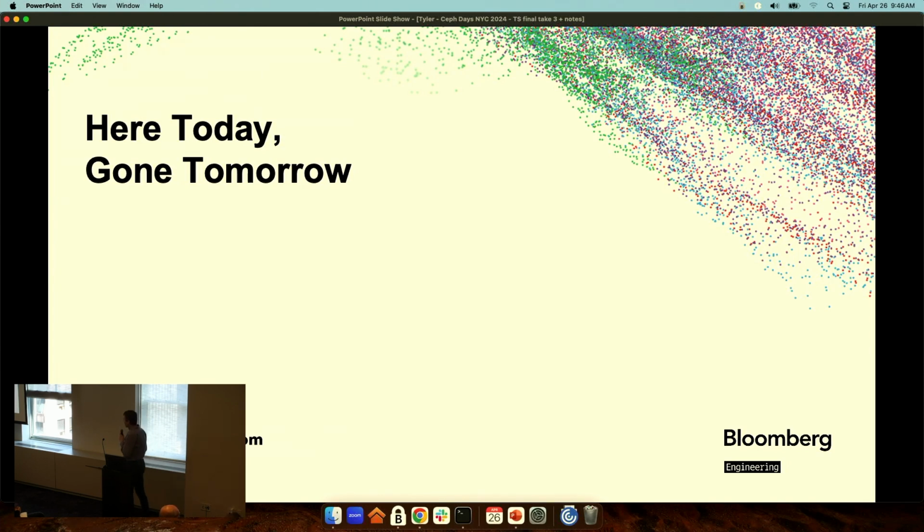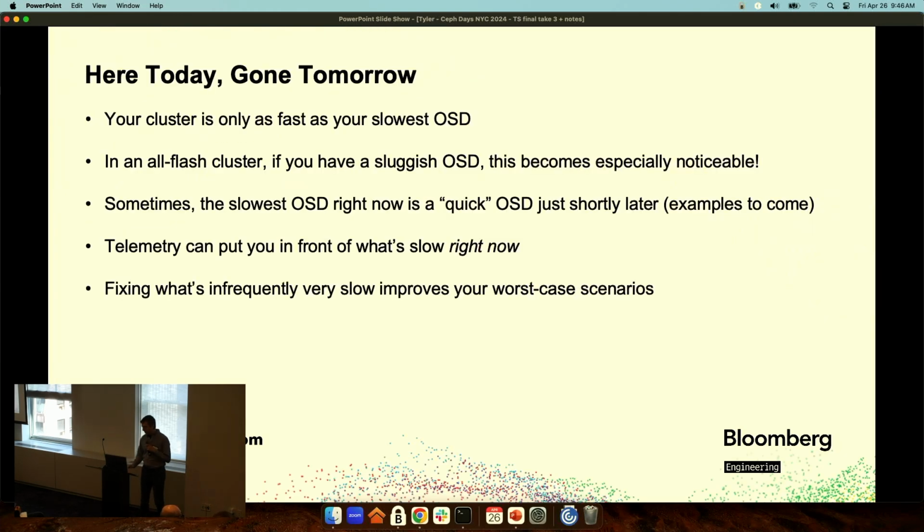So NUMA balancing is one thing. The biggest challenge that we face with Ceph today is that performance issues can be very intermittent. Sometimes they're here today and they're gone tomorrow. So when you have a block storage cluster, you're really only as fast as your slowest OSD. And we have some really extreme cases of this. And our customers basically let us know.